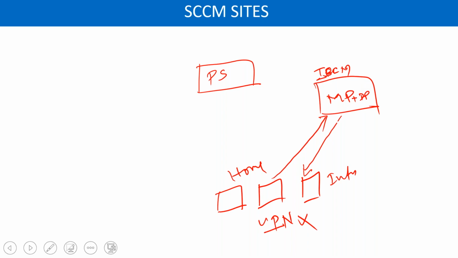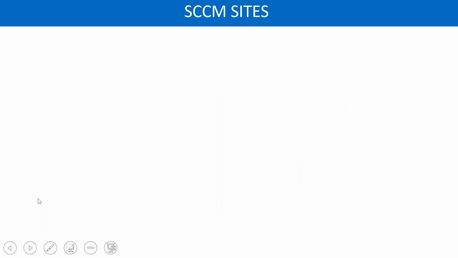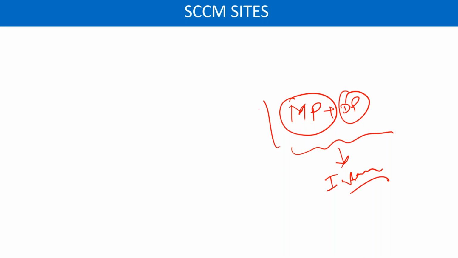So this is a role, right? IBCM is a role. Yeah. So basically, we have to keep a server management point which will host management point and DP, and it will be exposed to internet, because you don't expose your internal server to internet, right? Yes. So this server will be exposed to internet, just like your Exchange server, right?